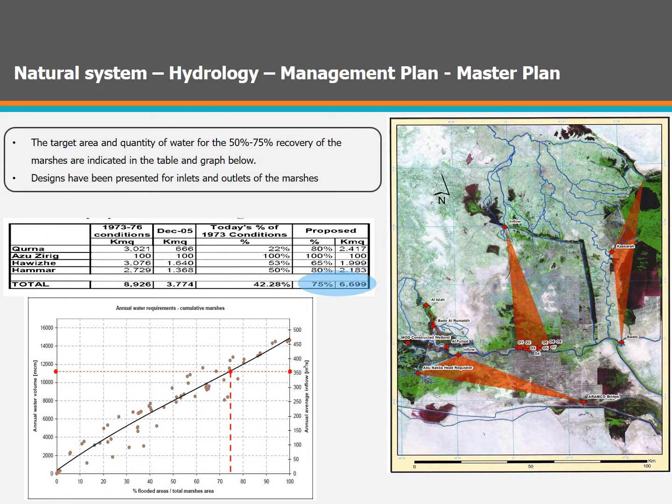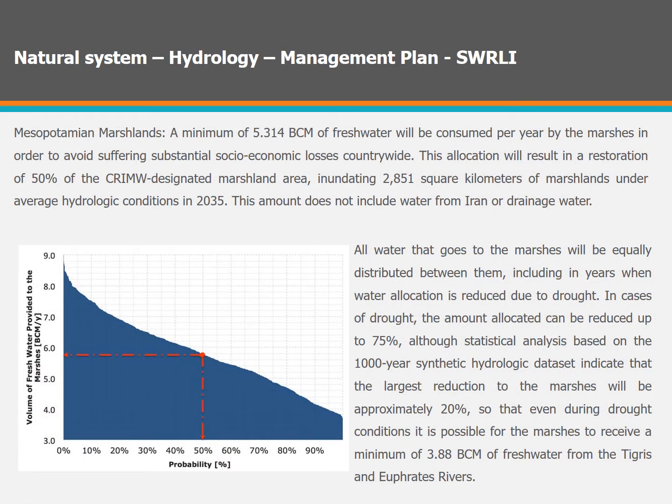The table, diagram, and map on the slide relate to the 50% to 75% recovery target. The marshlands are also part of the 2014 Strategy for Water and Land Resources.